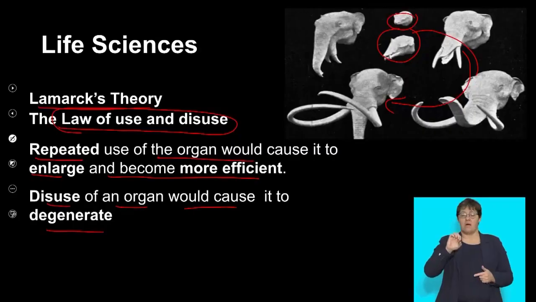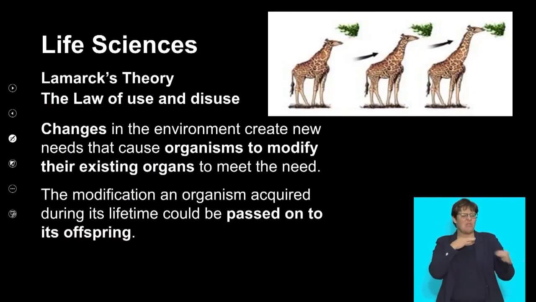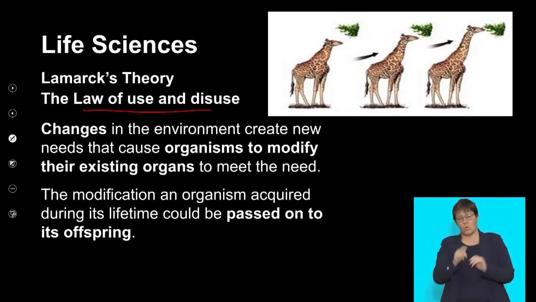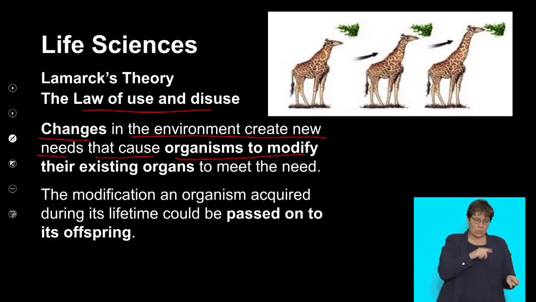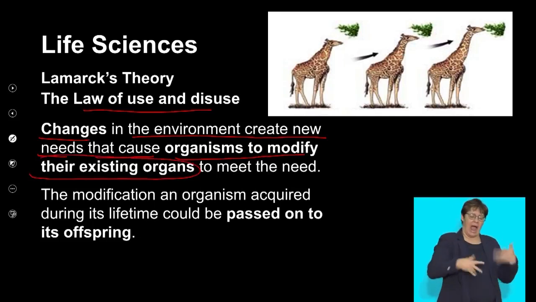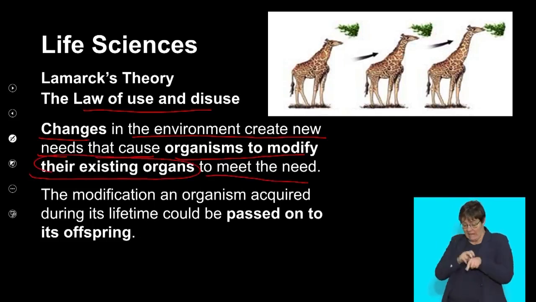So let's try and unpack that. So the law of use and disuse essentially points to changes in the environment creating needs that cause organisms to modify their existing organs to meet the need.